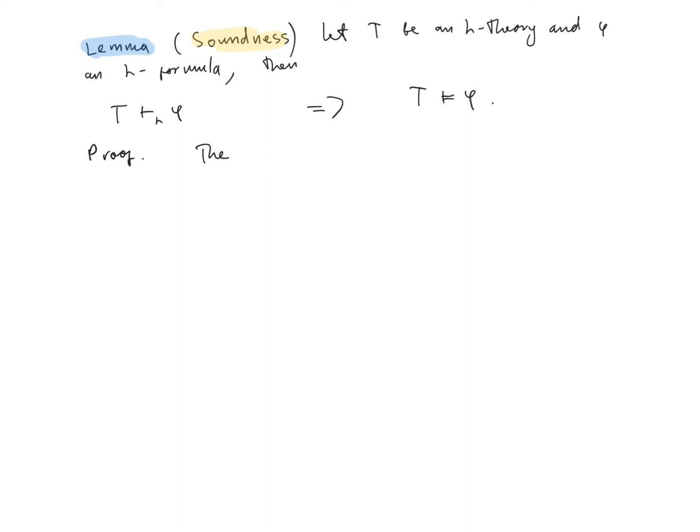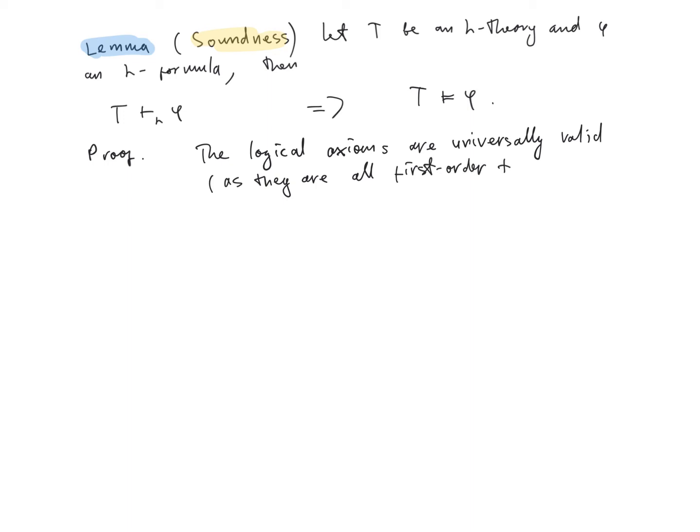We know that the logical axioms are all universally valid because they are first-order tautologies. Hence, they hold in all L structures.